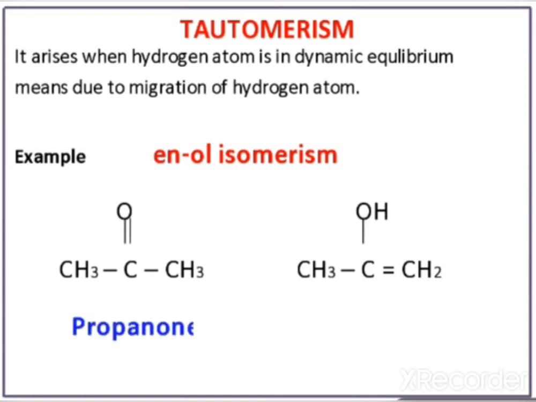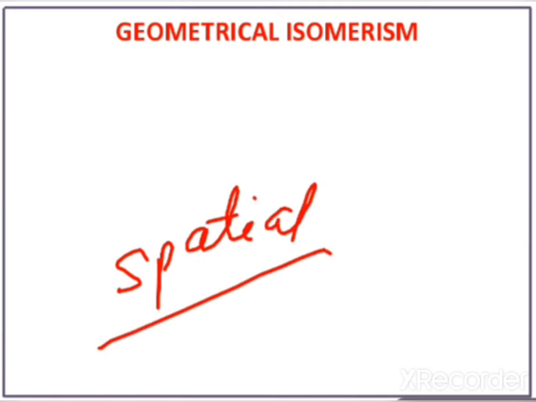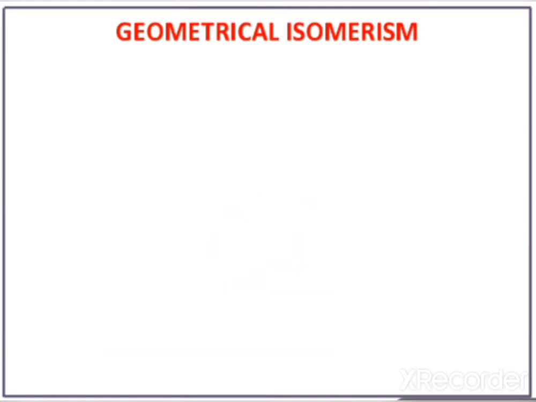After tautomerism, now we will see stereoisomerism. As we have discussed, stereoisomerism means when the spatial arrangement, the arrangement in space, is different.